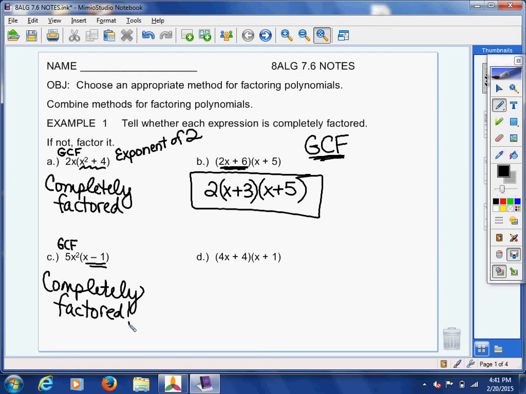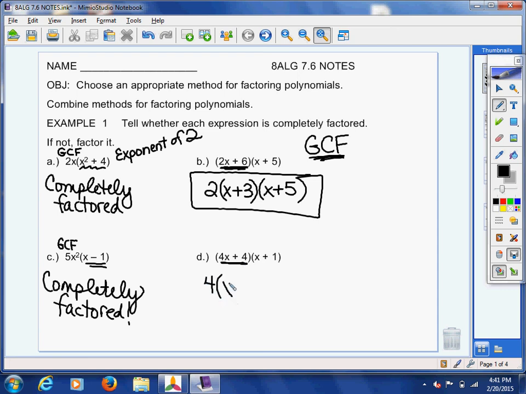Letter D, no GCF that I can see, just 2 quantities. So we definitely want to assess to see if we need to pull a GCF out since we don't see one out in front. So let's take a look. Now this quantity, what's common to 4x and 4? Well, I think you heard me say the word 4 twice, so let's pull out 4.